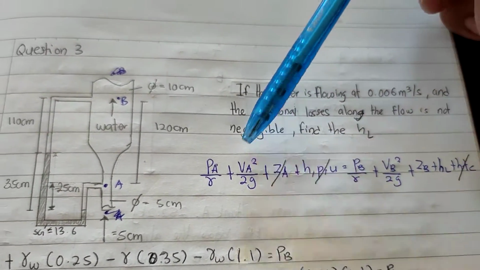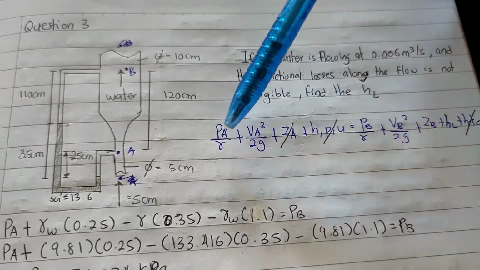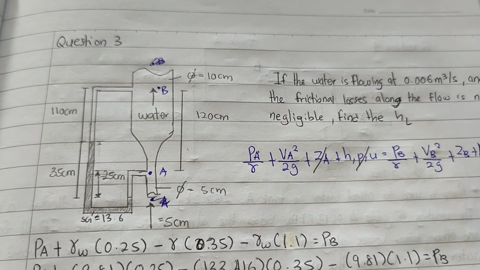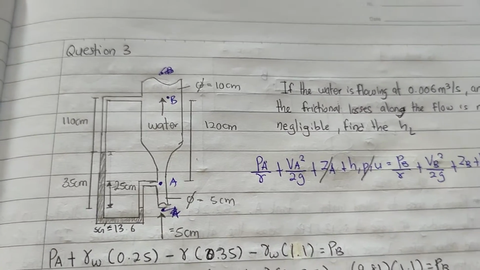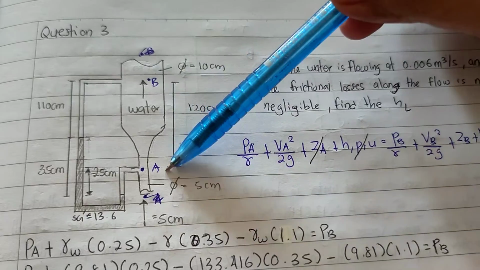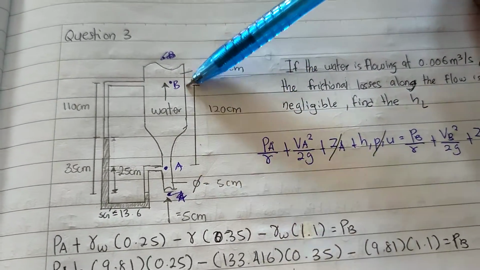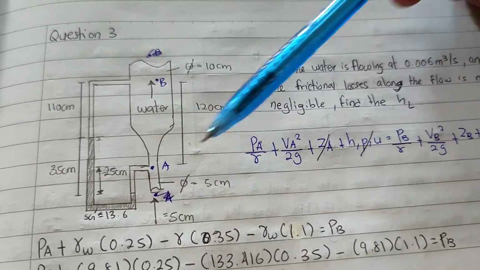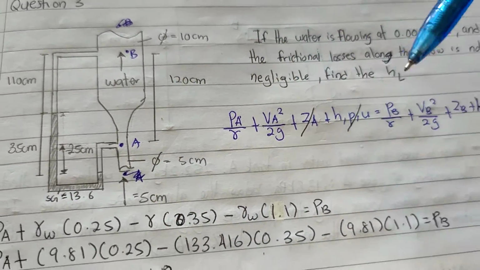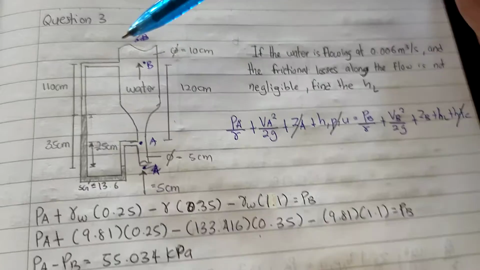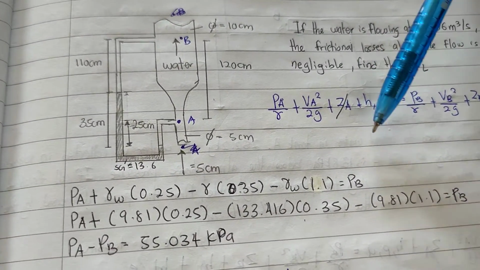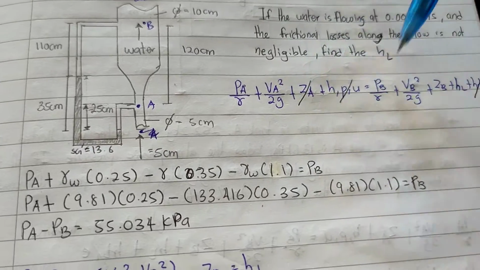From here we write the head term. After we get the equation, we cancel out what we can cancel out. One thing that we can cancel out is, we are told that there are two different heights. We can just cancel out the datum point, which is ZA. And as you can see here, there is no pump or turbine, so we can cancel out both of them.